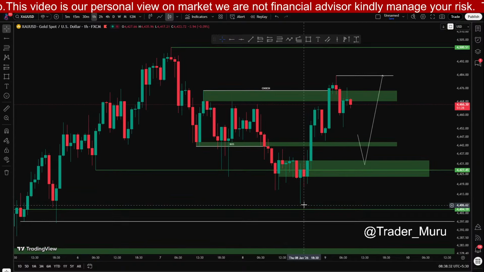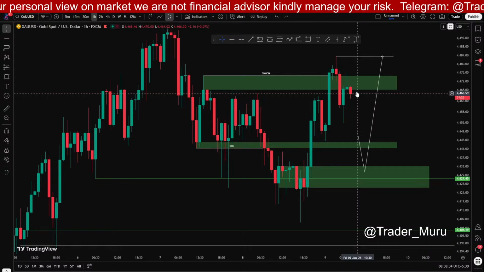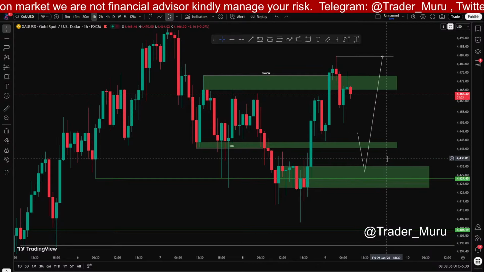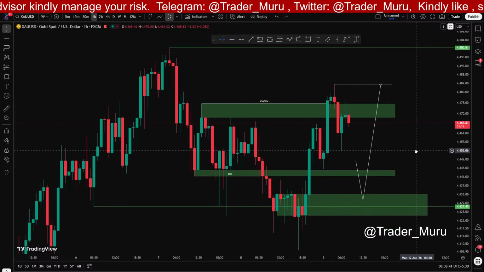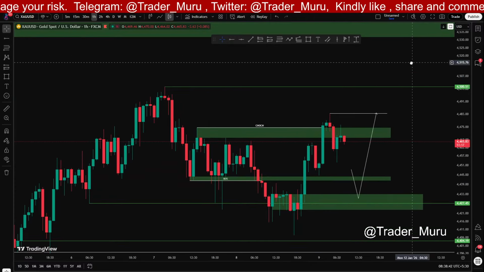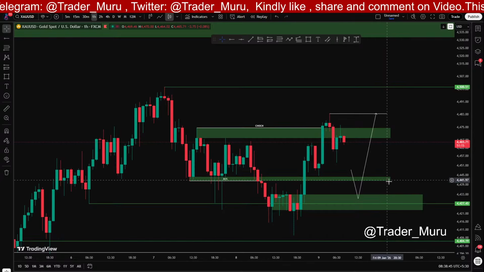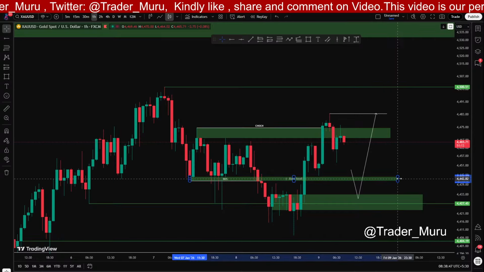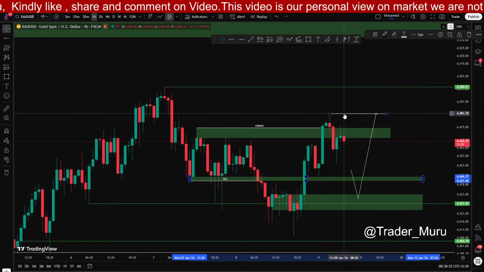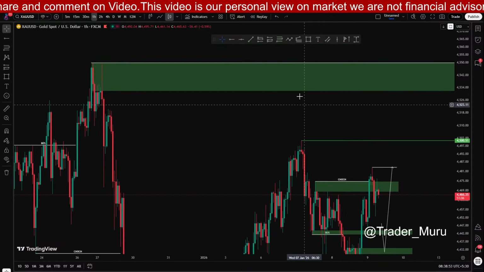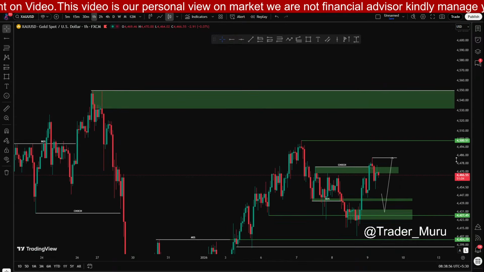But don't buy blindly over here. Wait for price to drop here, create a 5-minute or 15-minute structure area here, and then you can buy. So these 2 areas will be my areas of interest to buy, and my first target will be this high. Second will be this one, and third will be the new ADH.